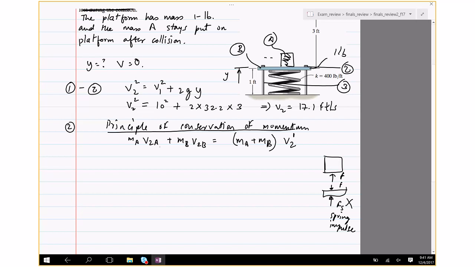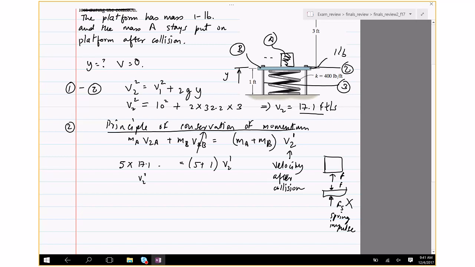So MA V2A plus, so this is the velocity after collision. So the mass of A is 5. Velocity of A is 17.1. Velocity of the platform is 0 initially, equals the combined mass 5 plus 1, and velocity 2 is unknown.